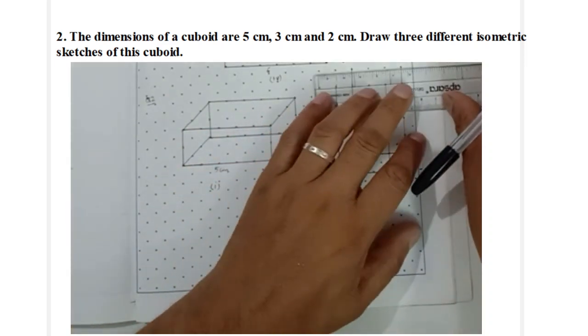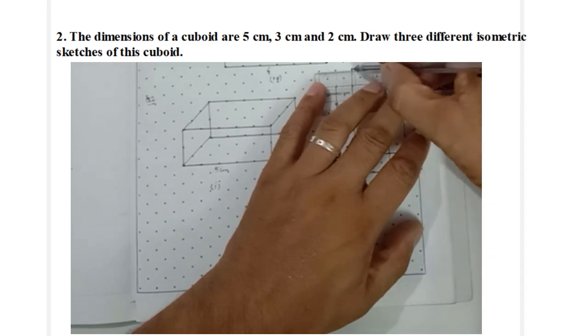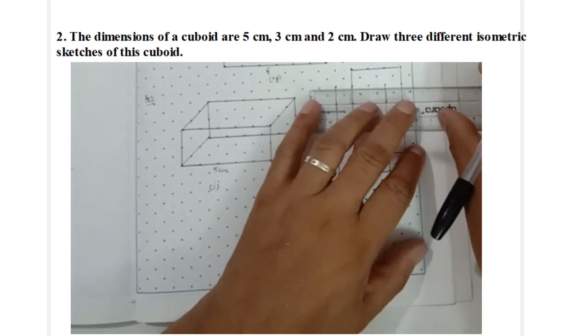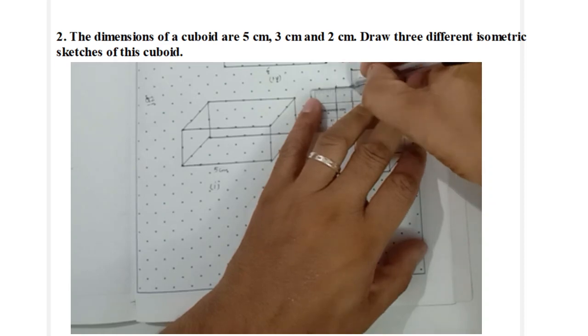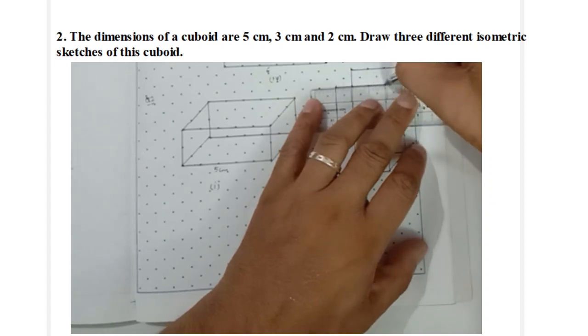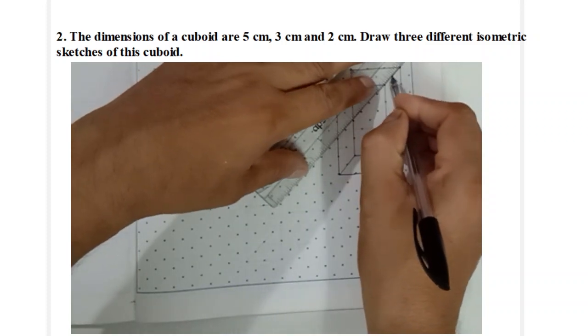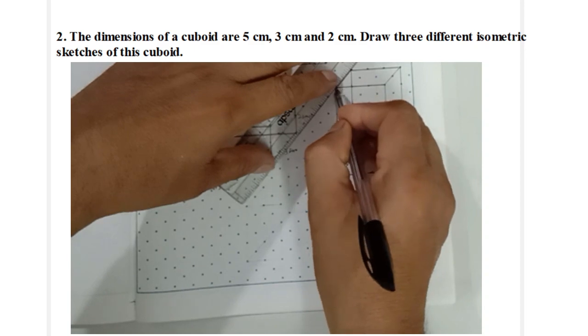Then join this, it is 3 dots, that is 1, 2 and 3. Here again 3 dots. Here it is 2 dots, 1 and 2. Here again 2 dots, 1 and 2.